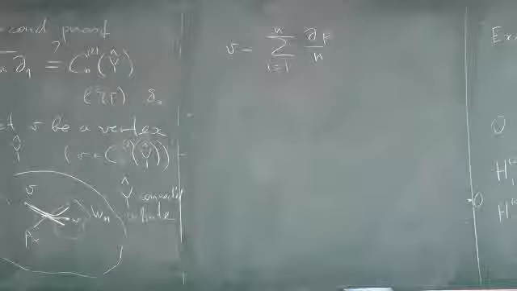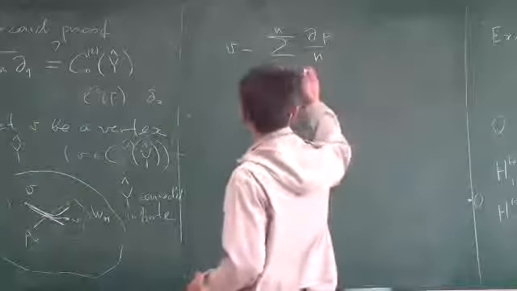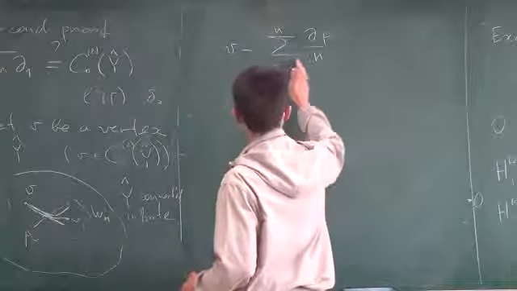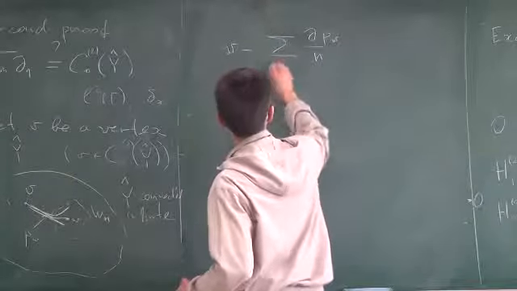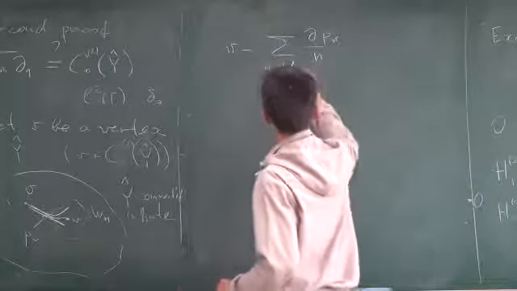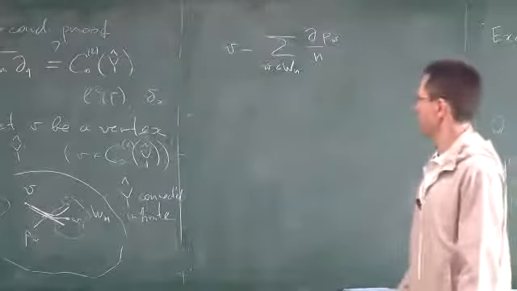Yeah, W is in W_n. So it's a linear combination of all those paths, the uniform kind of distribution over those paths.